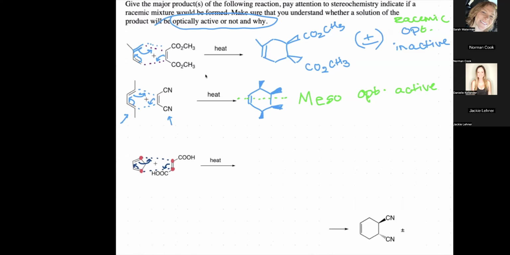Regardless of anything else, that's where these bonds are trying to form. So then we just draw 1, 2, and then 3, 4, and then 5 and 6, and then we just have this little bit in here, right? That's it. Nothing crazy.